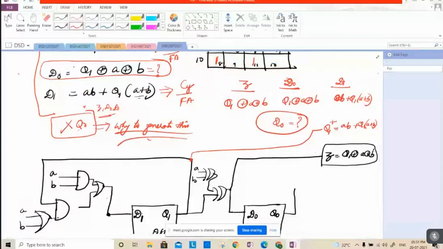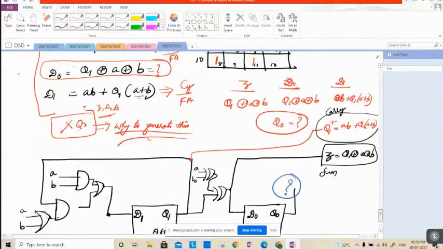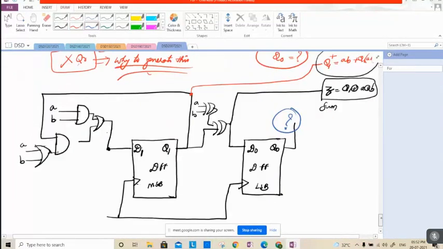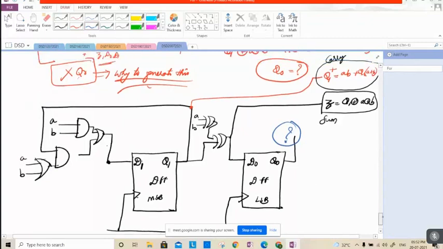Please pay your attention. This is my carry and this is my sum. What about Q0 plus? What is the role of Q0 plus here?